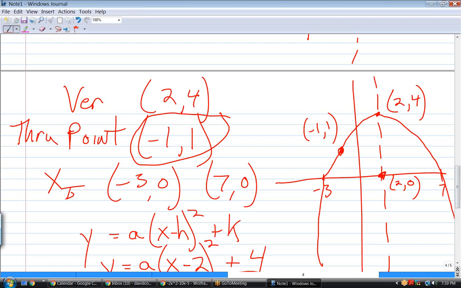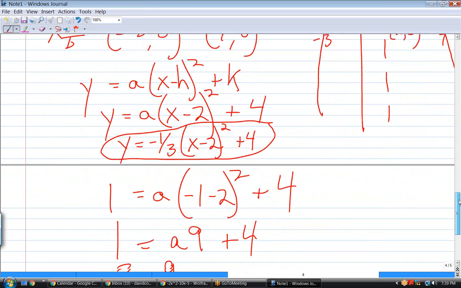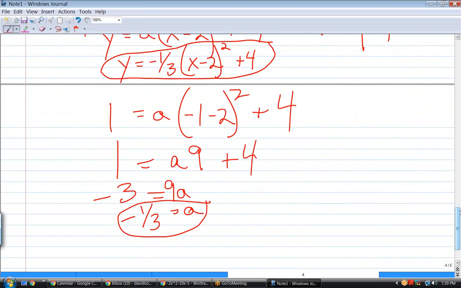There's Y, A, X, H, and K. Well, the moment they give us the vertex, we know what H and K are. And then when they tell us that it goes through this point, we can substitute Y and X for that point and solve for A. And once we solve for A, H, and K, we have the exact equation for that parabola, which is what I have circled at the top.